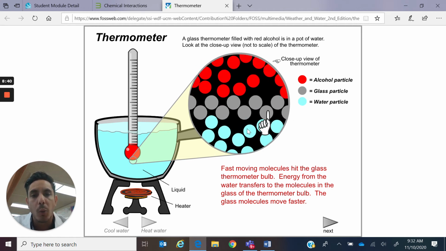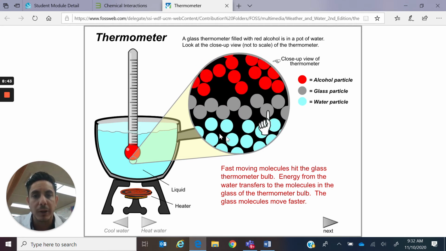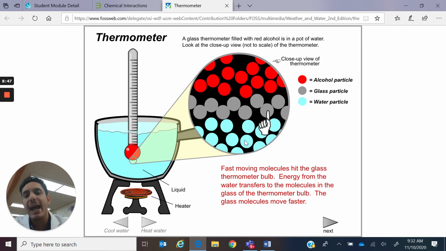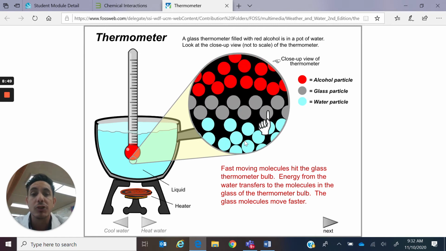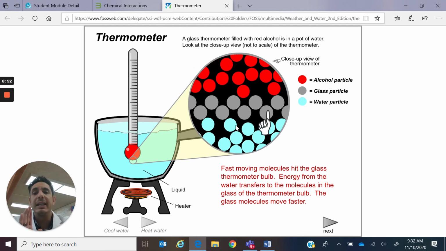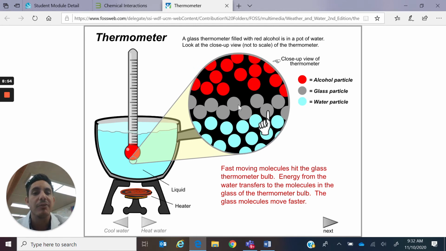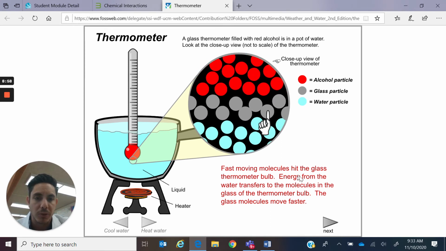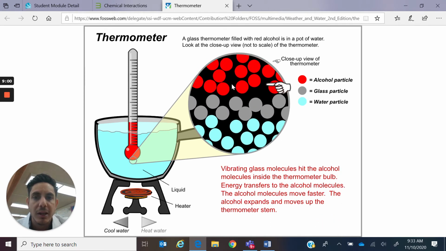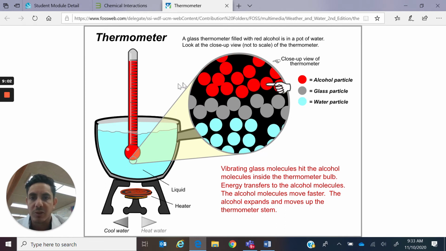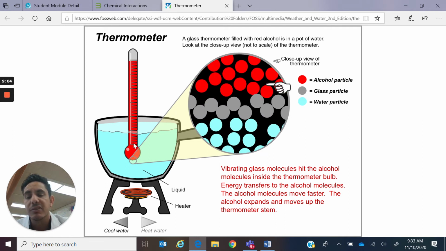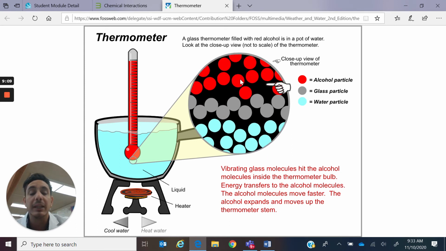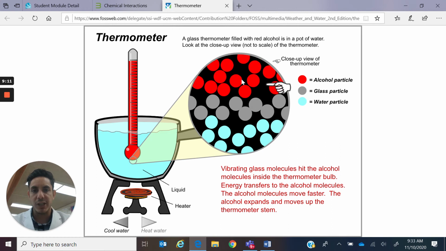And what are water particles doing with the glass particles? They're hitting them and they're transferring energy. And when we have kinetic energy being transferred by heat, we're heating it up, we're increasing kinetic energy of everything that comes into contact with these particles. So first our glass particles speed up, and then when we click next, the alcohol particles speed up. And as you saw over here on the left, we know when liquids expand, when liquids increase in kinetic energy, they expand.